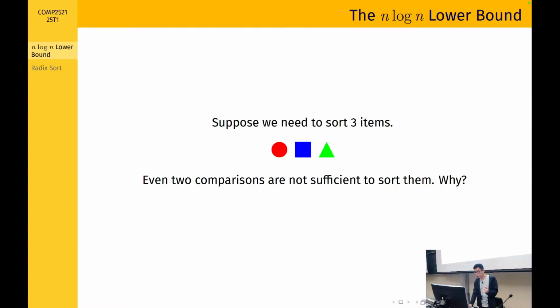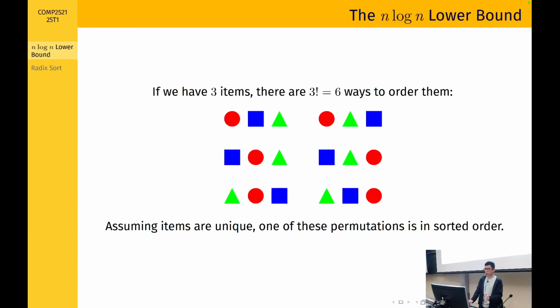And even if we are allowed to do two comparisons, we still can't sort the array. And why is that the case? Well, that's because if we have 3 items, then there are 6 ways to order them. And one of these orders is going to be the correct one, the sorted one.